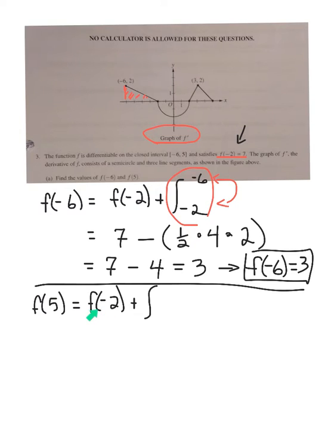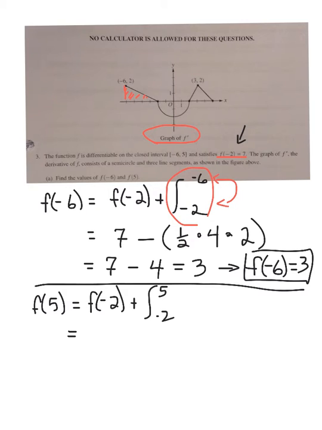So I'll recap. This is the value that they gave us initially. Remember, whatever x value this is, it's your lower bound. And then my upper bound here will be 5. So I'm going to put negative 2 here to 5 there, and then we're going to work this out.